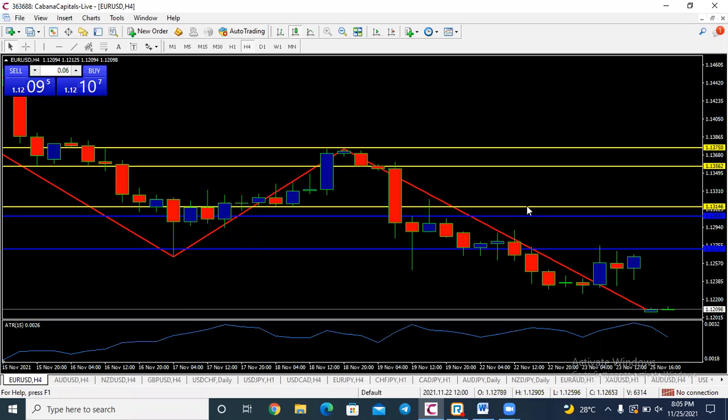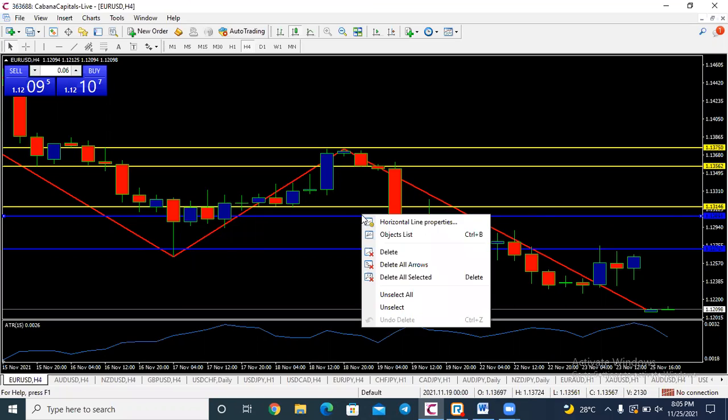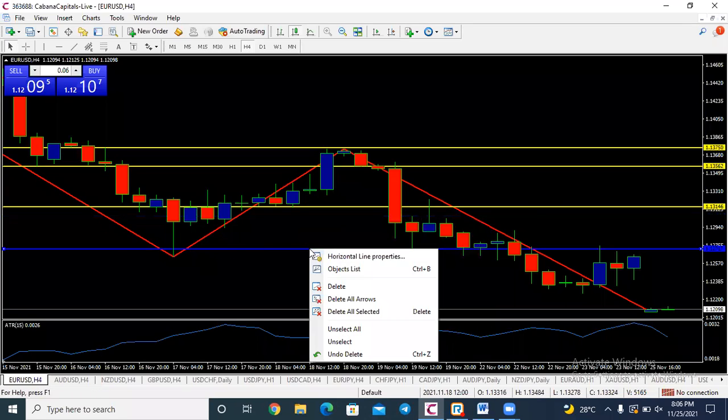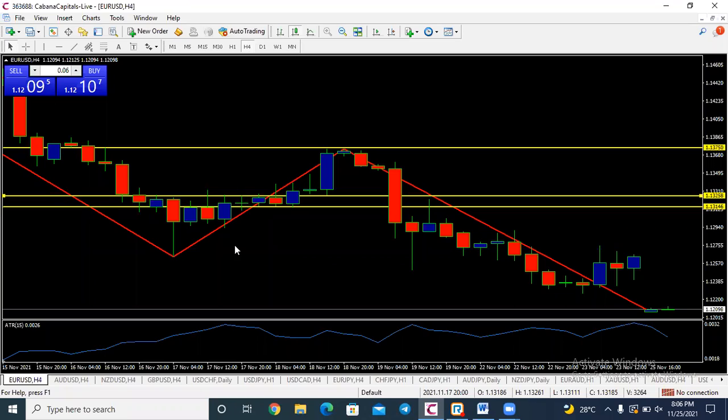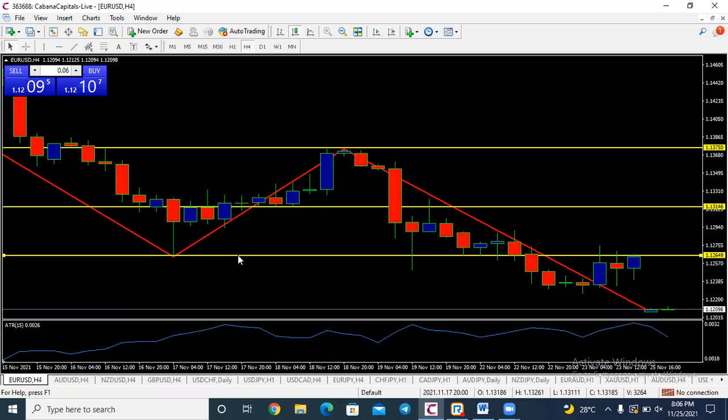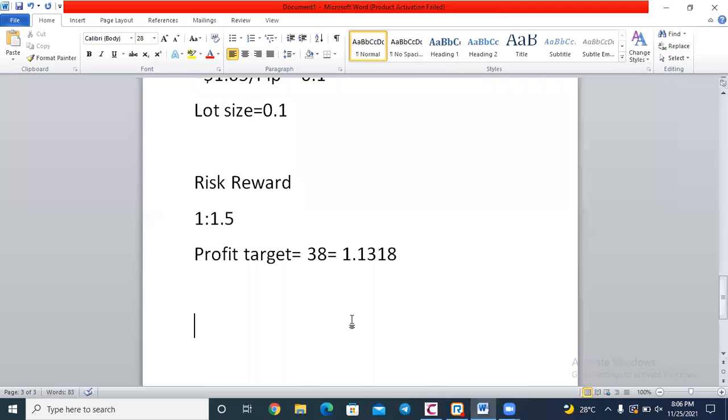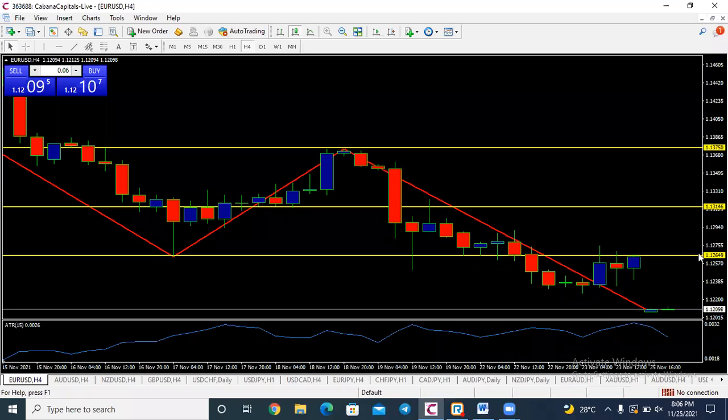Now, if I'm buying from this point, then our stop loss should be around this level. So this is our entry price, 1.1314, minus our stop loss price, 1.1264.